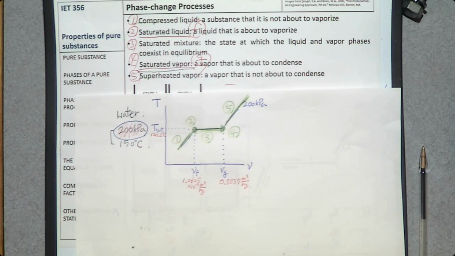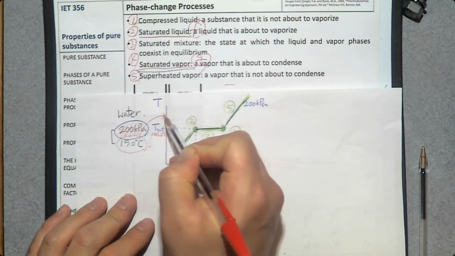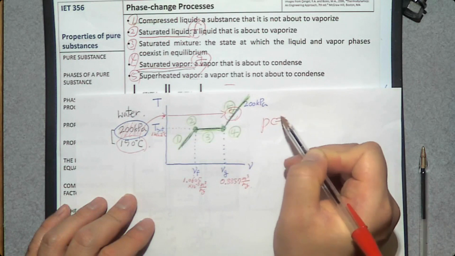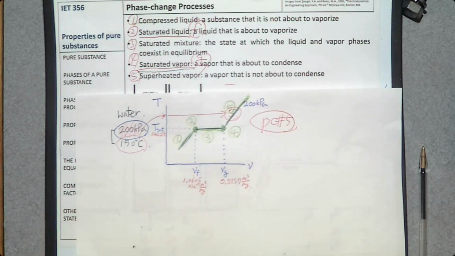So 150 should be up here. So what is the phase change process? Number 5, superheated vapor. So that's how you determine the phase change process. 150, this point, number 5. So according to this TV diagram, we have superheated vapor.